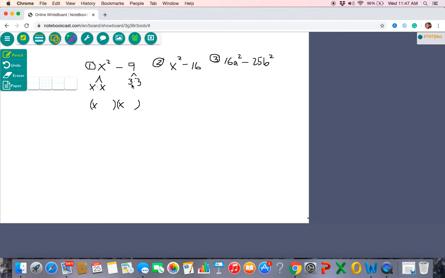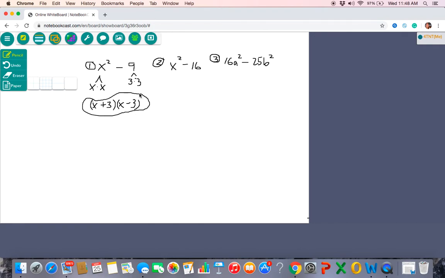The integer in the first binomial is going to be positive 3, and this one is going to be negative 3, or minus 3. And this, my friends, is our answer.